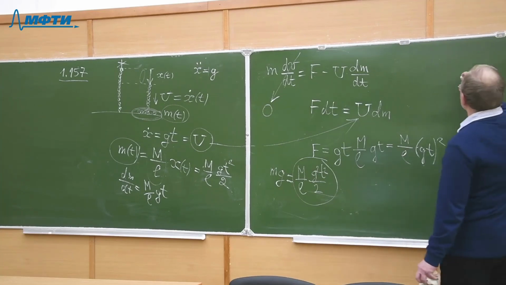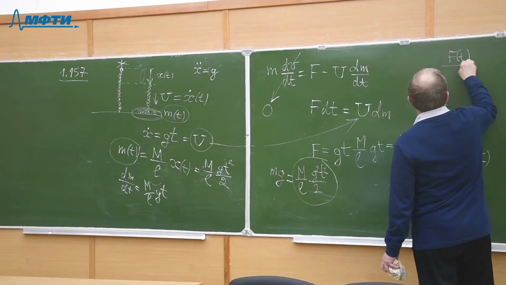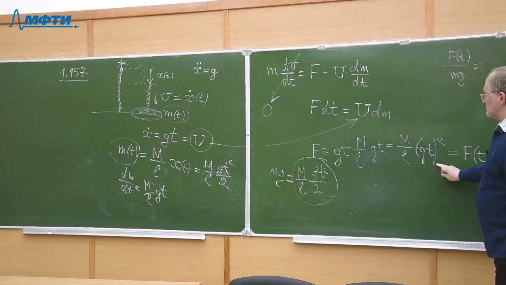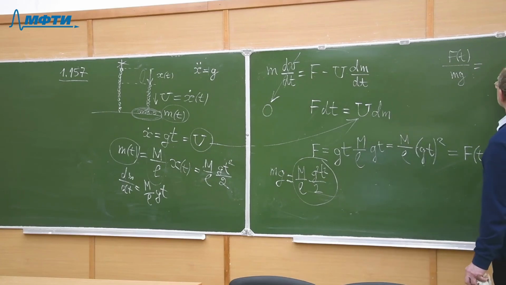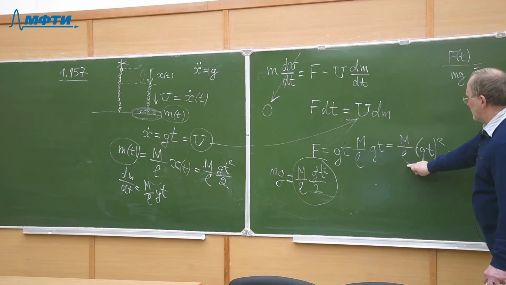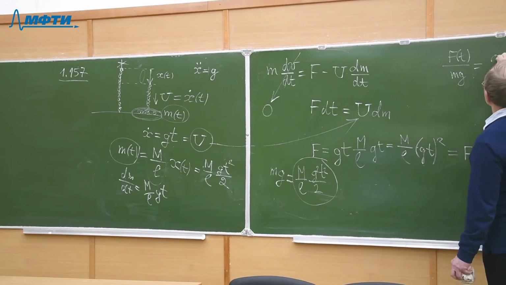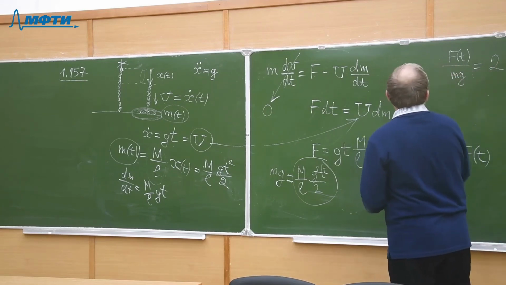For example, we can divide f of t by mg, divide this expression by this expression, and we will obtain that m over L will cancel, gt squared will cancel, and that will be equal to 2. That is at any moment of time.